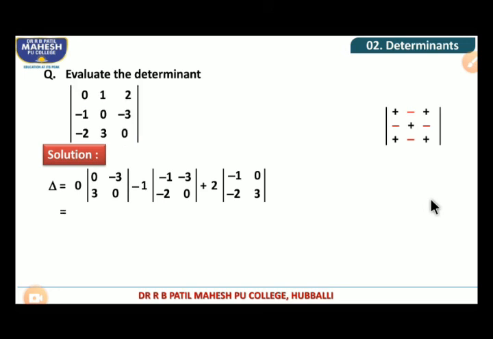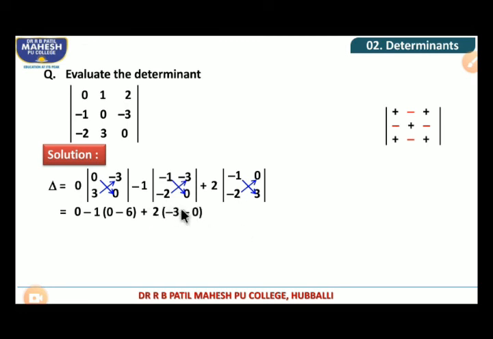Now, we can do the simplification. 0 into the determinant is again 0 only, and minus 1 into this determinant: -1 into 0 is 0, minus of -2 into -3 is 6. So we have 0 minus 6, and plus 2 into the determinant value, which is -1 into 3 is -3, minus -2 into 0 is 0.